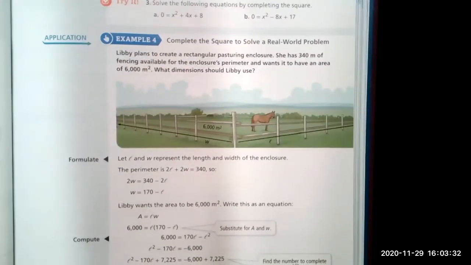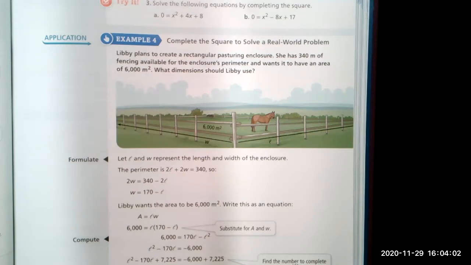Example 4, complete the square to solve a real world problem. Okay, so Libby plans to create a rectangular pasturing enclosure. She has 340 meters of fencing available for enclosing the perimeter. So that's enclosing the outside of the rectangle, and on the inside of that fencing she wants to have an area of 6,000 square meters.